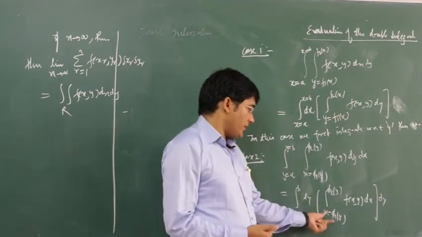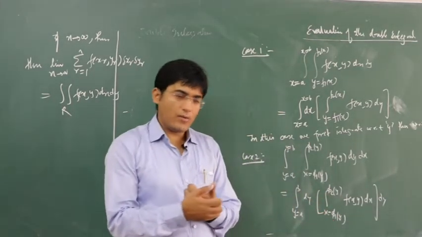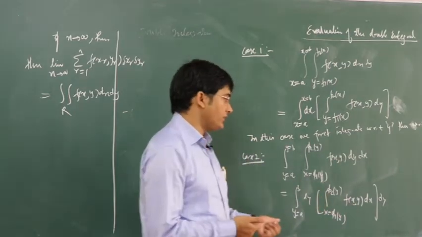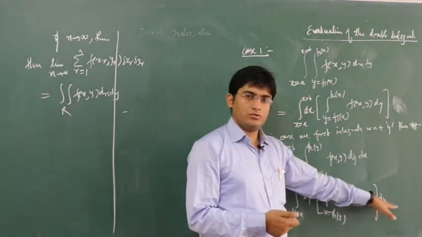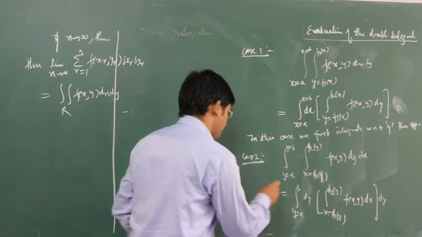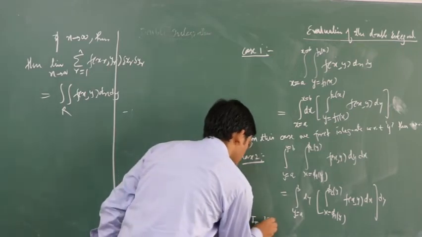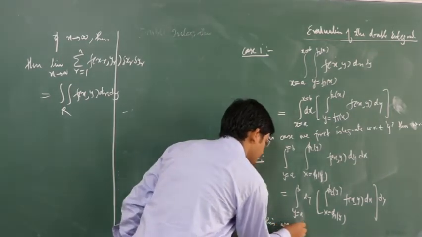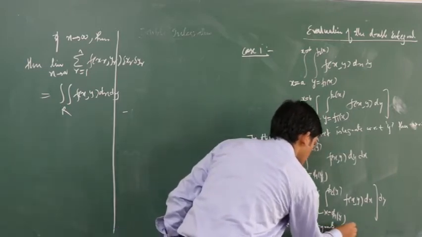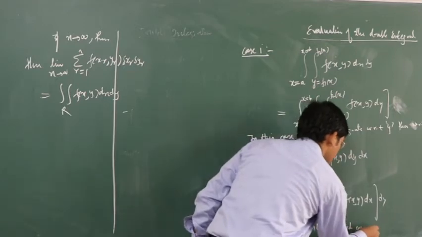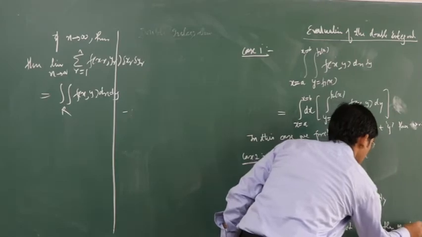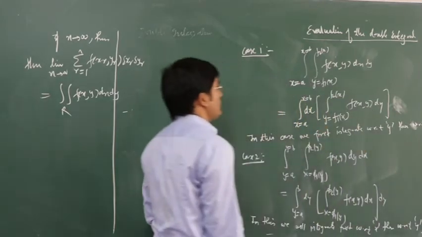Because our limits of x are in terms of y, we will remove x first, and finally we will have a function of y, which we integrate with respect to y. So this is your case 2.